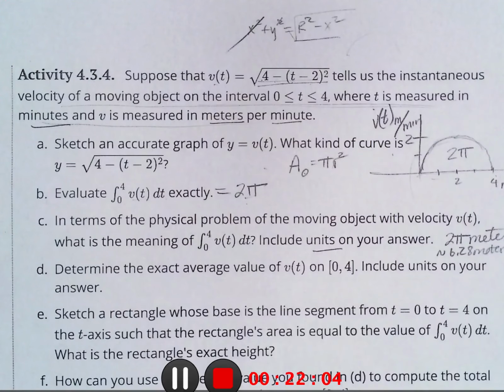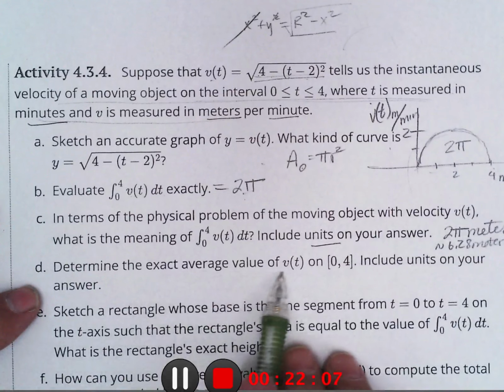Okay, determine the exact average of the velocity over 0 to 4.